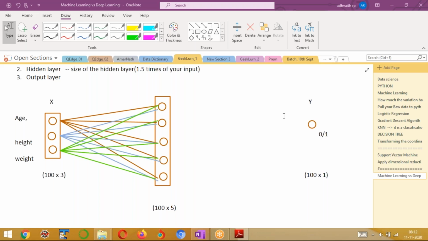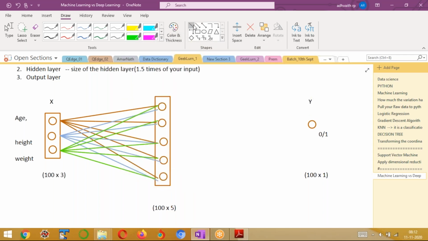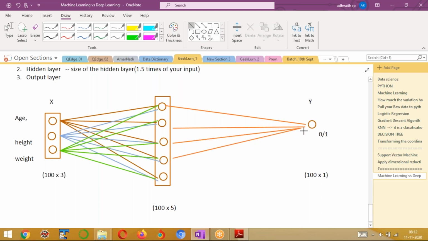The same thing is going to happen here also, and here also. So I'm talking about one hidden layer.